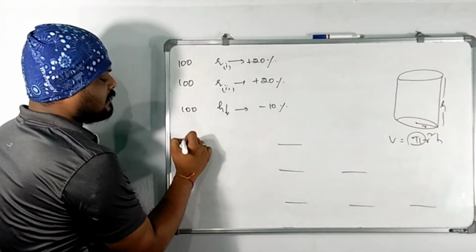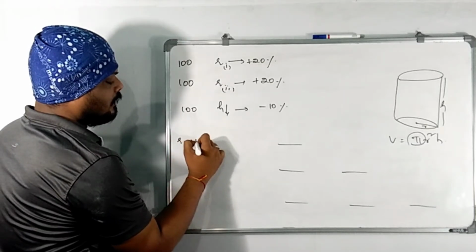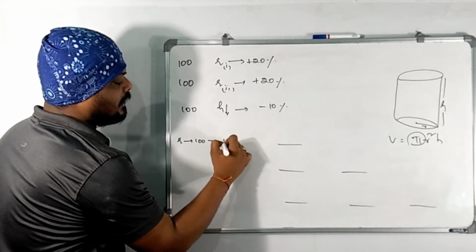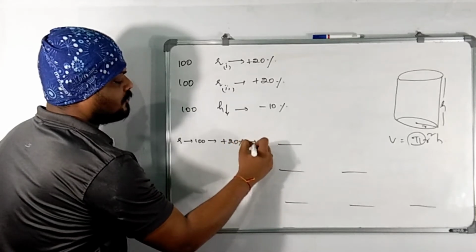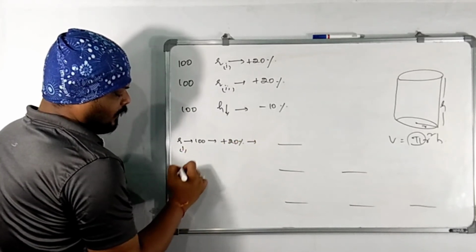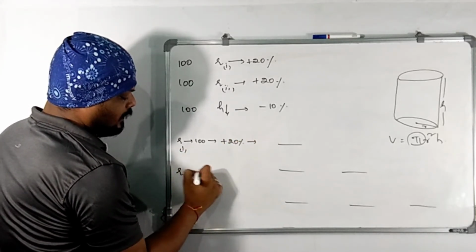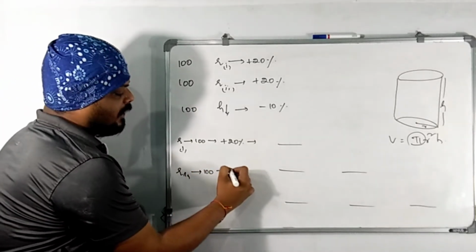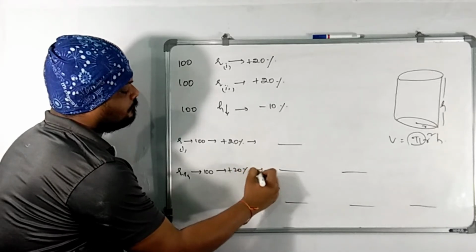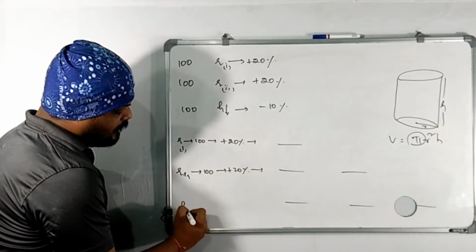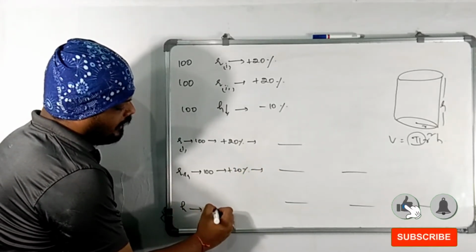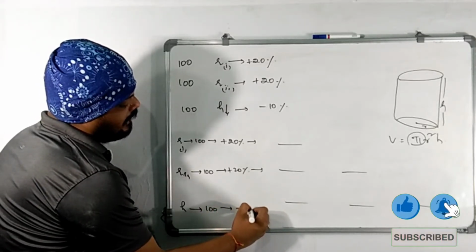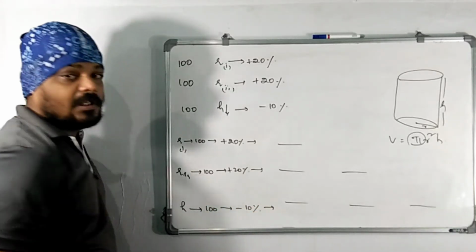Let us take radius 1 as 100 and it is increasing by 20%, and here it is radius 2. Let us assume it as 100 and it is also increasing by 20%. And in the third condition, let us take height as 100% and it is decreasing by 10%, isn't it?